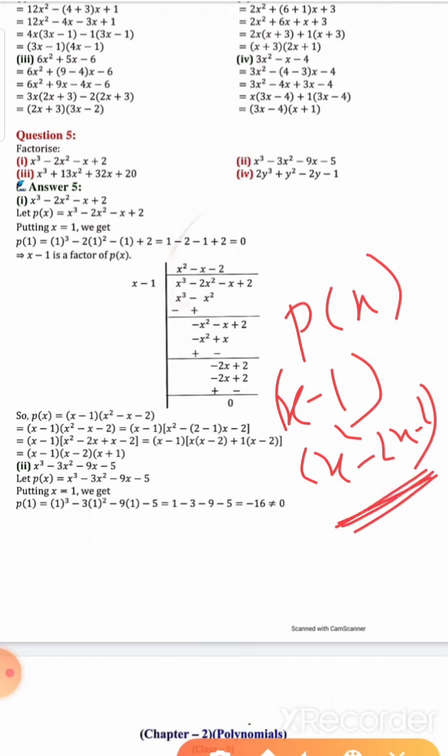Again here we get a quadratic polynomial and it can also be factorized, so by using the splitting the middle term method we factorize this polynomial.